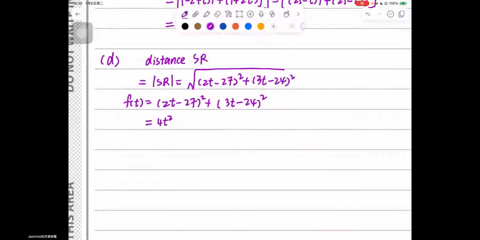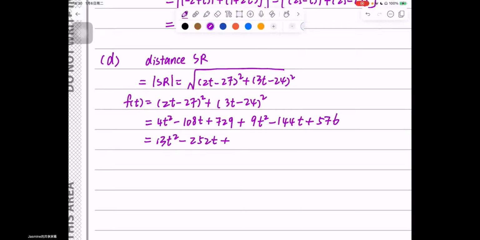So it's 4t squared minus 108t plus 729, plus 9t squared minus 144t plus 576. And collecting like terms, you get 13t squared minus 252t plus 1305.